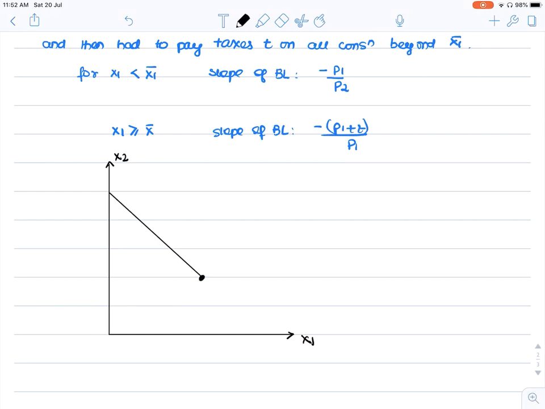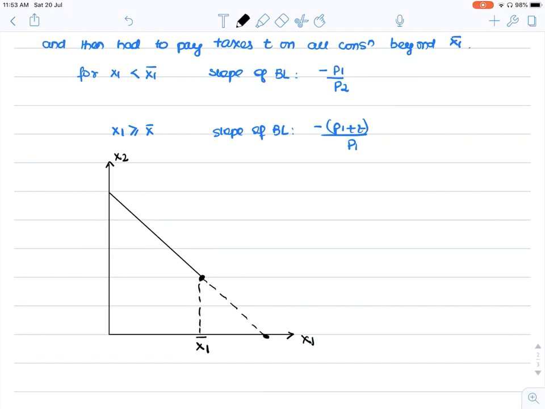Let's say this x1 bar is the quantity or the rationed amount, beyond which you will have to pay a higher price. I hope you understand this. So till this point the price of x1 is P1, but beyond this point you will have to pay a higher price. So I'm just drawing this for you.